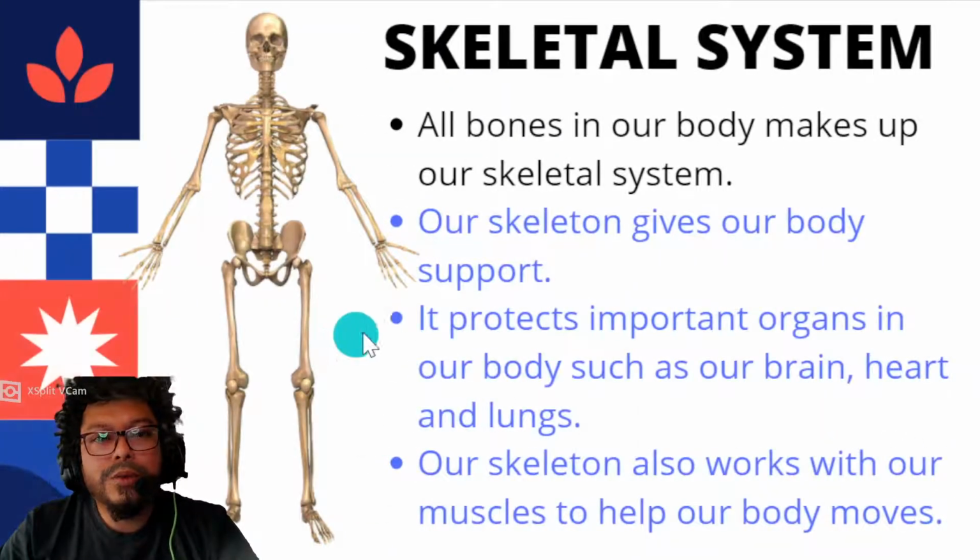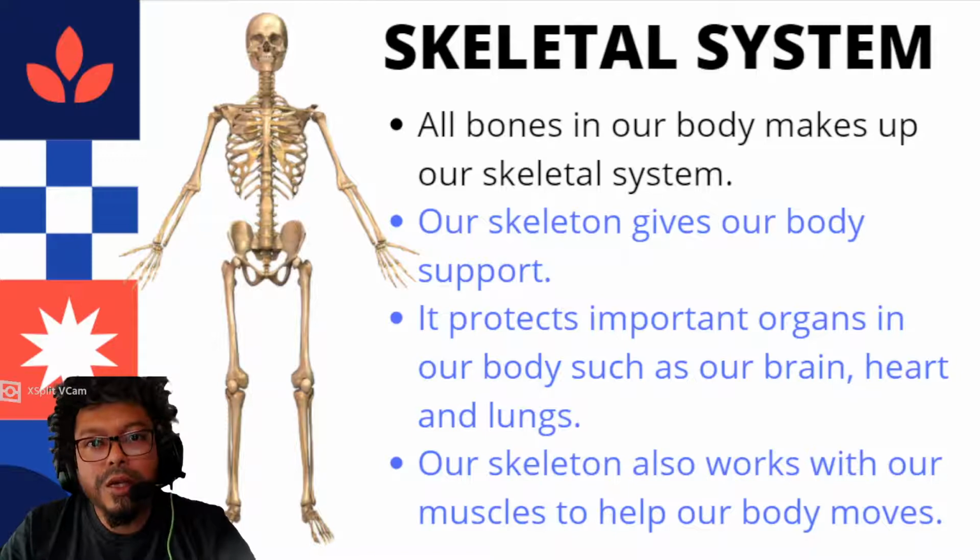So we start with skeletal system. All bones in our body make up our skeletal system. Our skeleton gives our body support because our skeleton is very hard. Yes, it can break, but it is very hard. How hard?